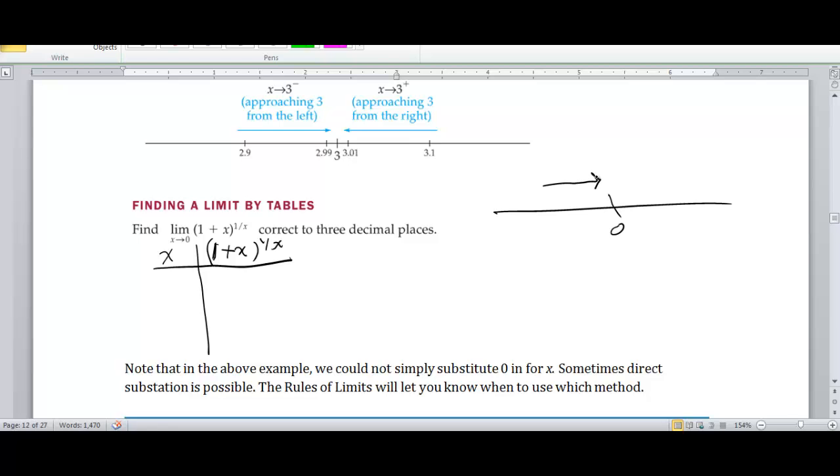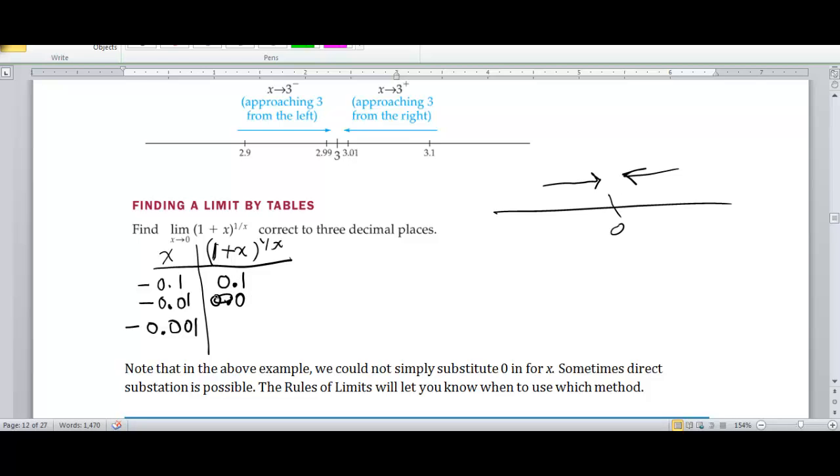From the left, I know it's negative. So it'll be like negative 0.1, and then let me get even closer, negative 0.01, and then negative 0.001. Okay, and then from the right, I'm looking at positive 0.1, positive 0.001.